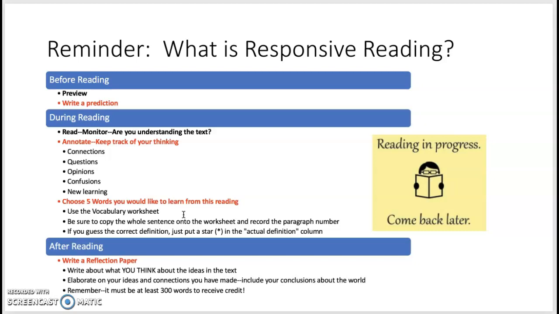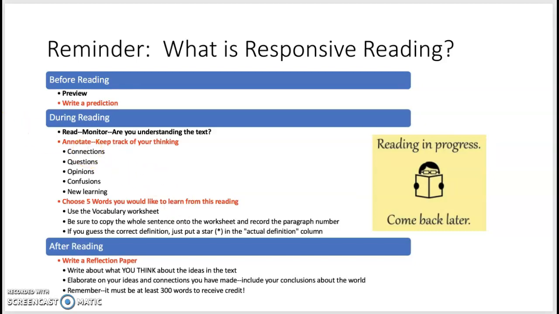And you're going to use those ideas to make conclusions about the world, how society works, how schools work, how students work. Okay? So your big, broad opinions and conclusions are what I'm going to be looking for. That lets me know that you are doing a good job of thinking. Okay? So that is the responsive reading procedure.